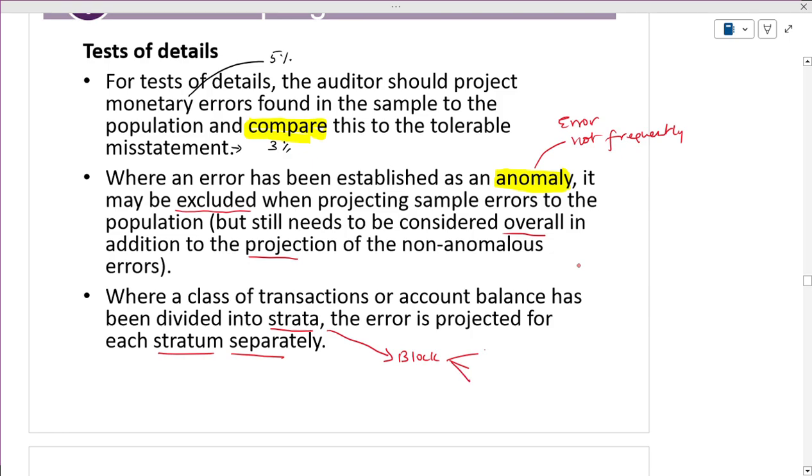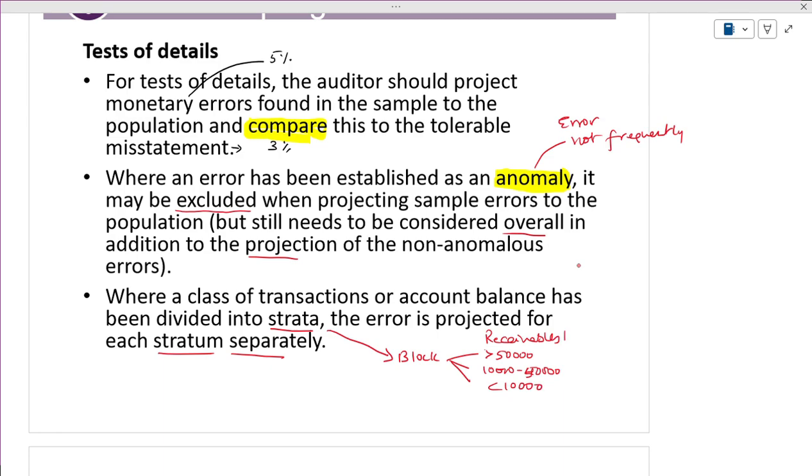Take the example of receivables. You will divide the receivables within different ranges: people who owe more than 50,000, people between 10,000 and 50,000, and people who owe less than 10,000.